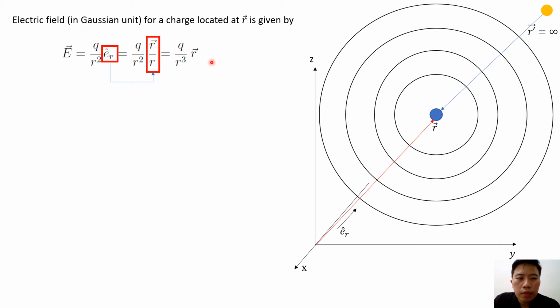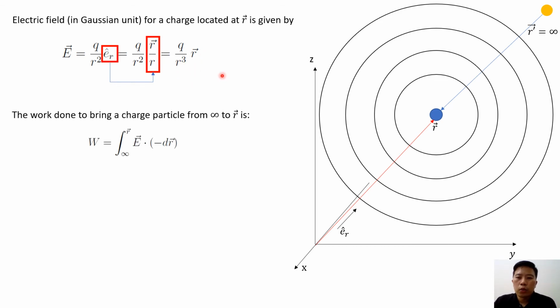But here, it is very important for you to remember that this r with the arrow cannot be cancelled with the r at the bottom, because this is a vector, whereas this is a magnitude. Right. So now, in the case where you want to bring the charged particle from somewhere far away towards this positive charged particle, you are going to do some work.